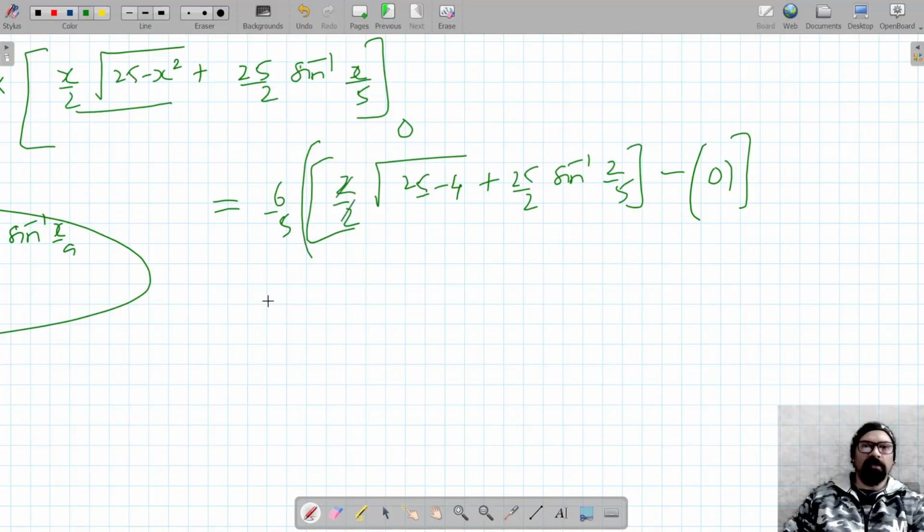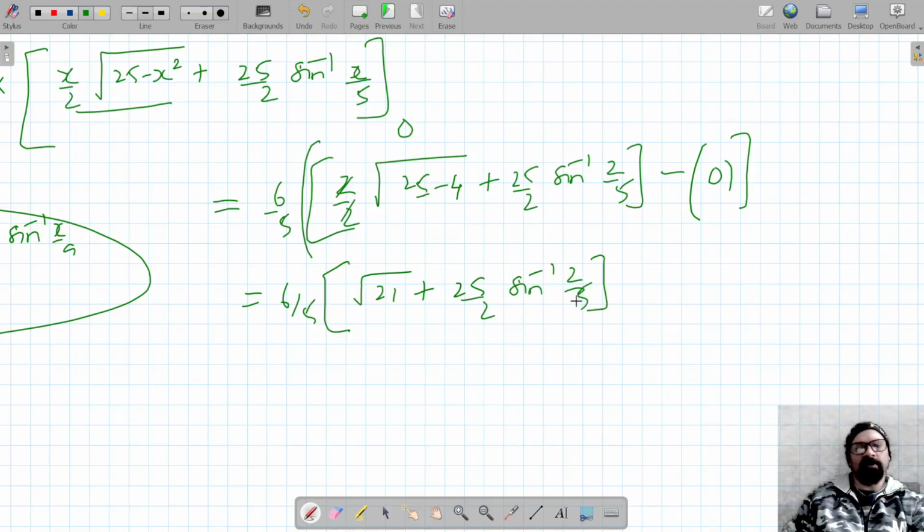So finally we are left with 6/5 times the square root of 21 plus 25/2 sine inverse of 2/5. This should be the required area.